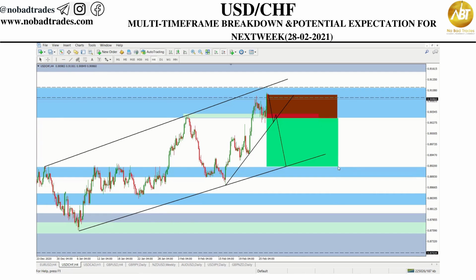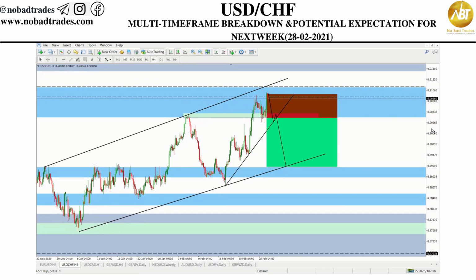Then the second thing I'm waiting for is a break below this structure, the structural break, this last low break, then a break of the trend line. Then I'll be looking at a trade of about 57 pips to 121 pips, which is about 1:2. So this is what I'm expecting on this pair for next week.